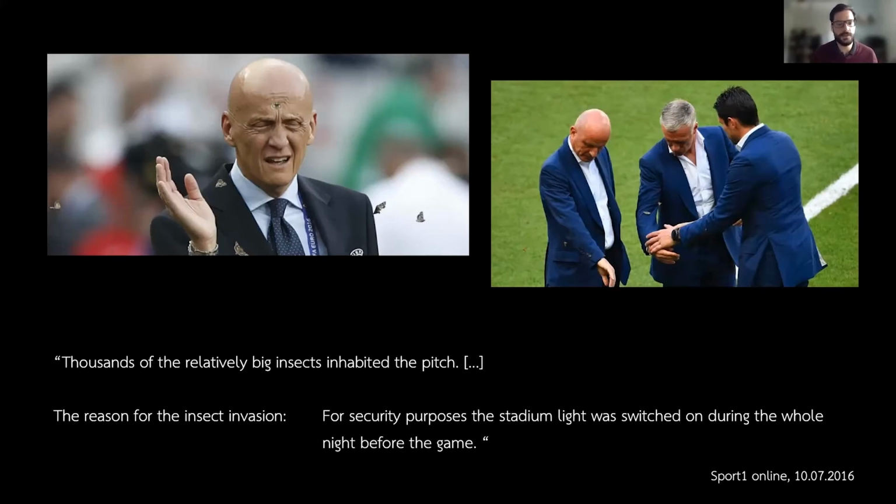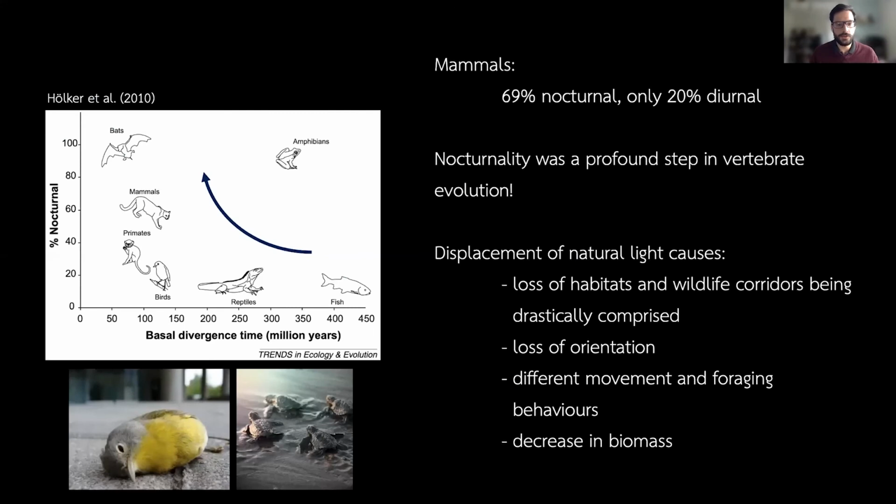And suddenly you can see, okay, animals are definitely reacting to the light. If you think about that, nearly 70% of all mammals are nocturnal and only 20% are diurnal. Then just think logically: there is something happening with these animals if we make the natural night into an artificial day, more or less.